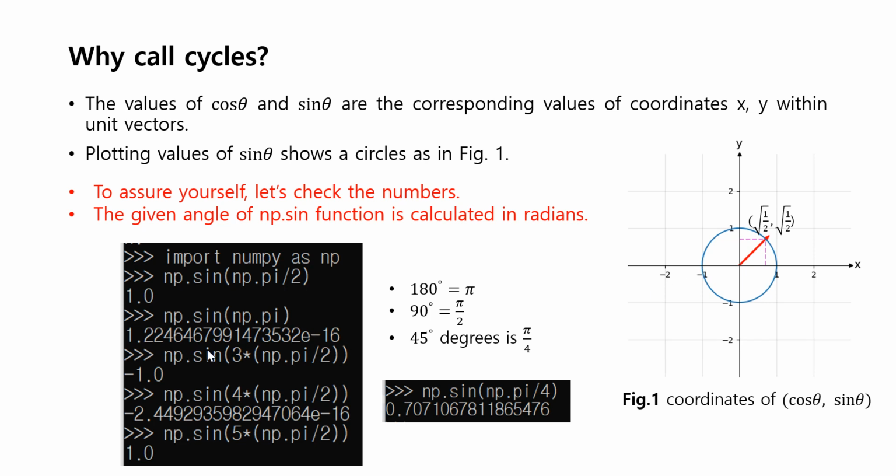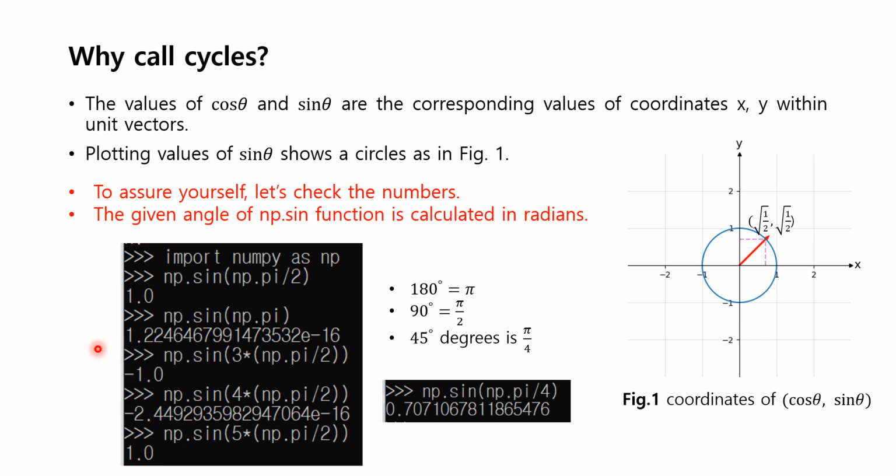And you can see this is approximately 0. Remember that the computer, due to limited memory, cannot exactly represent floating point numbers, so you may assume that this value is 0.